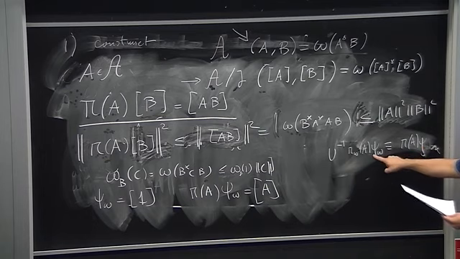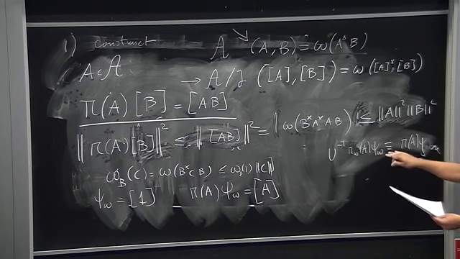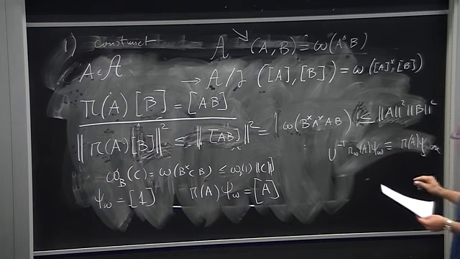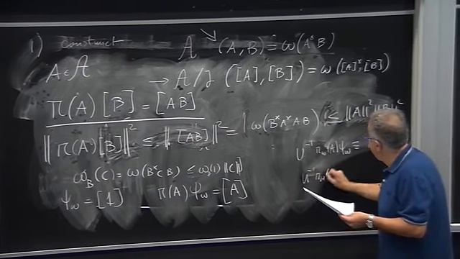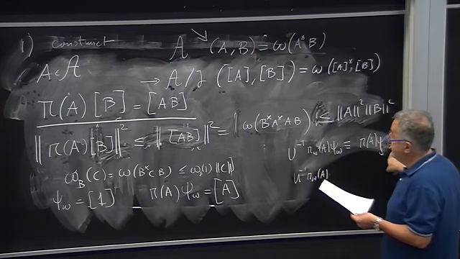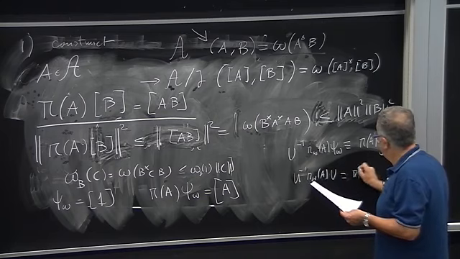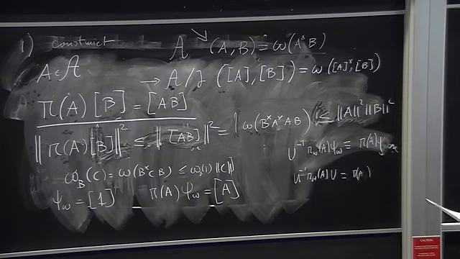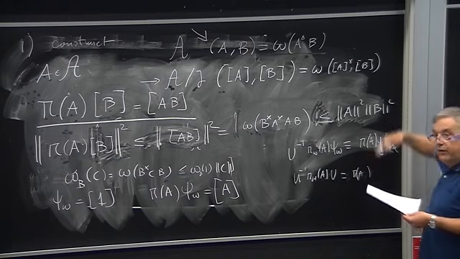So you can verify that this map is unitary, and because of the cyclicity of this object, this is a dense set. So you can identify U^{-1} phi_omega(A) with phi(A). This is the definition of the map. Here you have a second representation and the second cyclic state, in another Hilbert space.